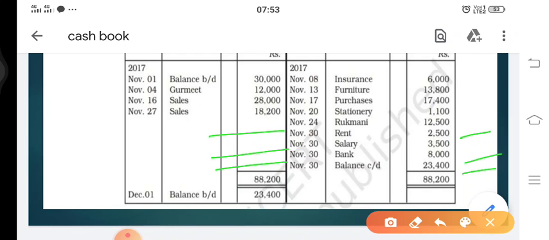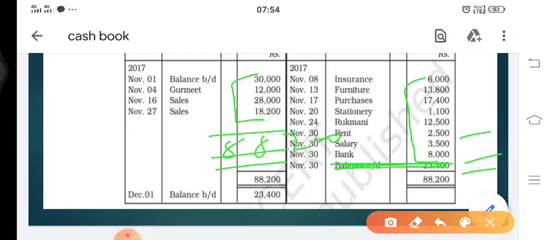Moving here, we'll check the debit balance and we'll check the credit balance. If we add the debits, that is 30 plus 12 plus 28 plus 18.2, it comes to 88,200. Now we'll check the credits, except this balance carried down, because that is the balance which we'll get after the closing. So we have to add all these items.